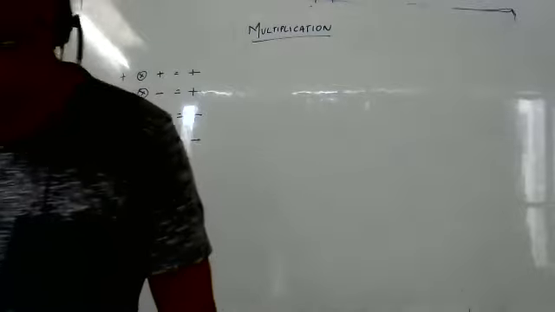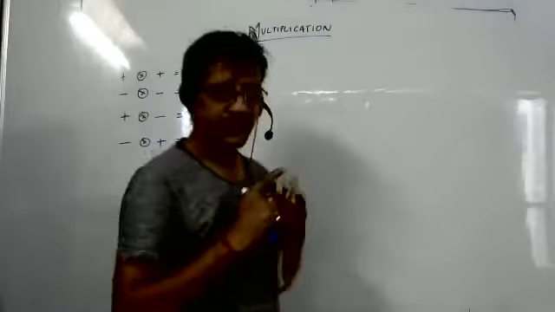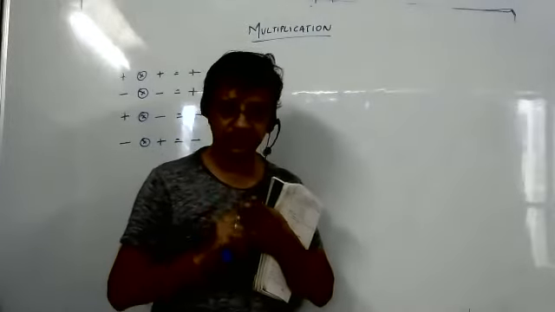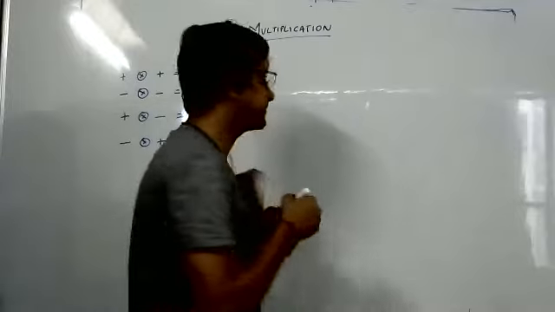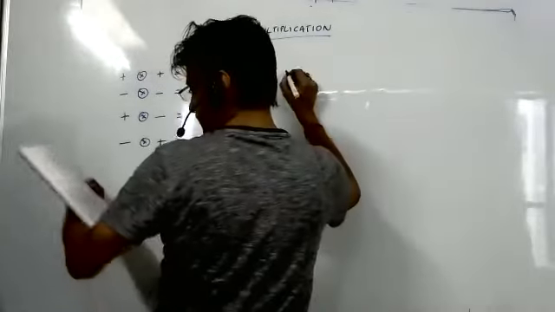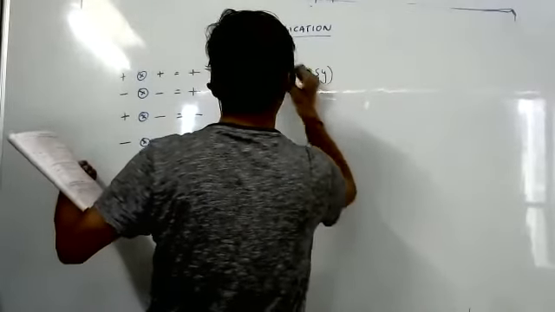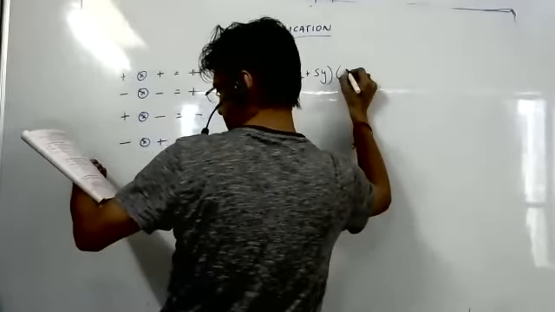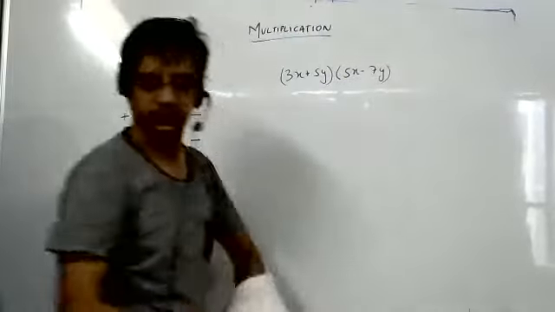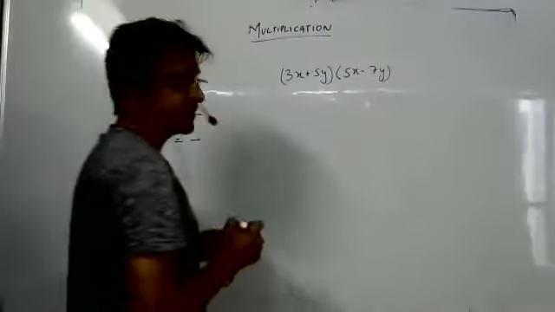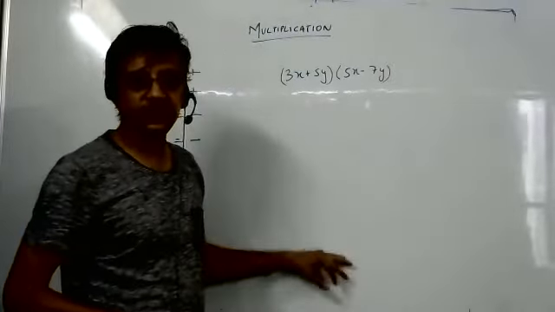Now I will teach you binomial into binomial. So first I taught you monomial into monomial, monomial into binomial. Now binomial into binomial. 3x plus 5y, then 5x minus 7y. Listen, even students of 9th and 10th standard make mistakes here.